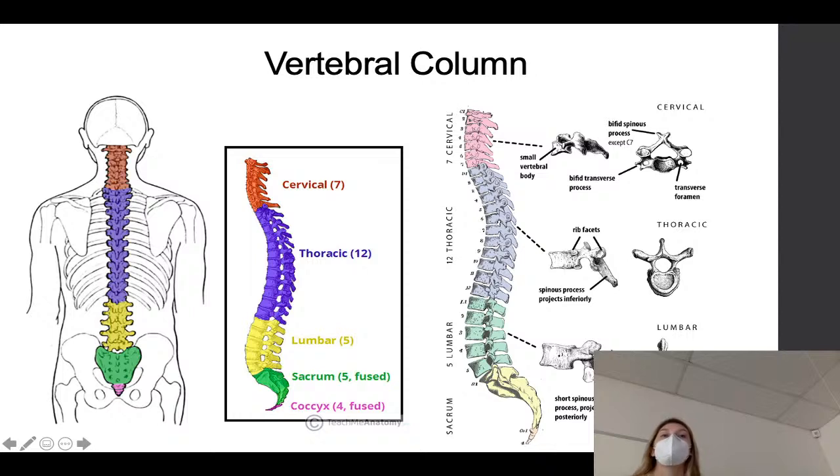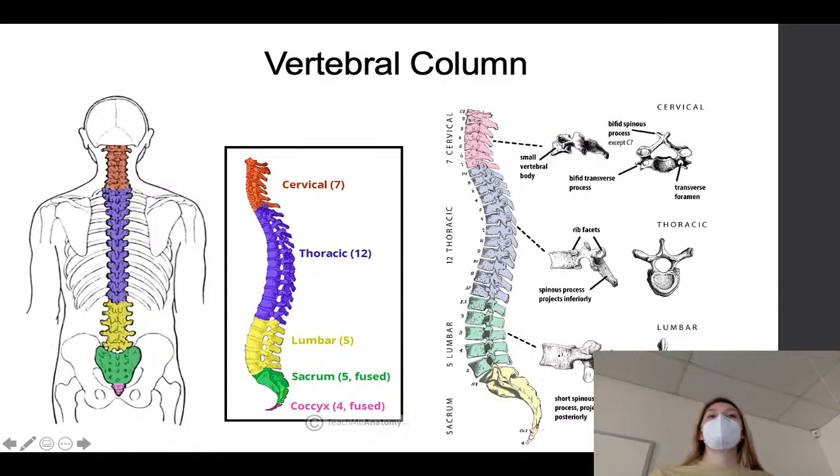So within each region, we have this little number right here, 7, 12, 5. That's how many individual vertebrae make up that region. So we've heard me say it before, the numbers like C1, C2, T12. Those are the numbers of the individual vertebrae.